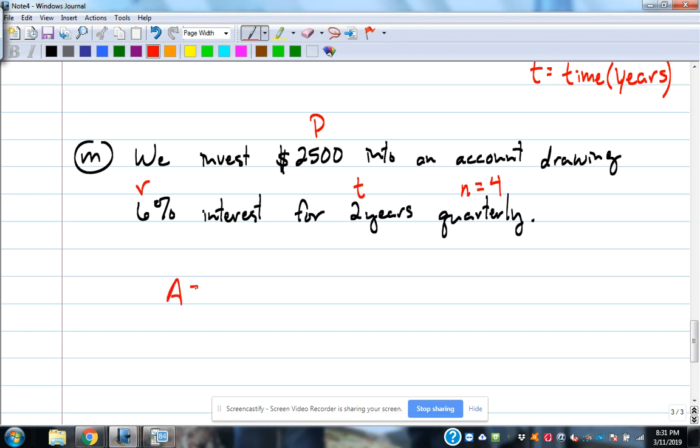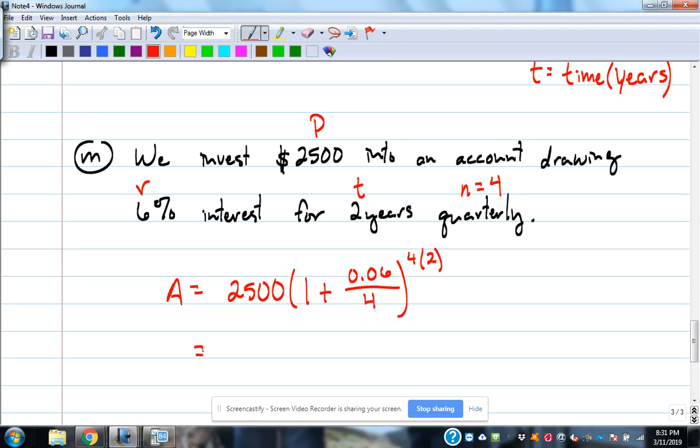So account worth is 2,500, parentheses 1 plus R. It's 6%, but we want to convert that into a decimal. What's the decimal for 6%? 0.06 over N, so it's 4 on the bottom. The exponent is N times T, always. So 4 times 2 there.